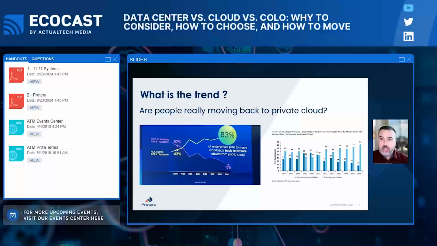This is something I wanted to call out. I actually threw these slides in a bit at the last minute. There's been a lot of chatter lately on social media about what the trend is, and there have been these slides. I don't know if you've seen the Barclays CIO 2024 survey. I call it out specifically because people like Michael Dell have been posting about it, putting these images up and talking about repatriation from public cloud back into private cloud.